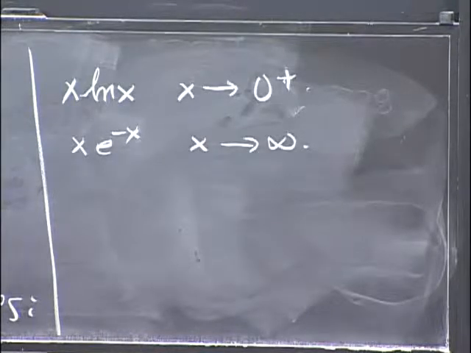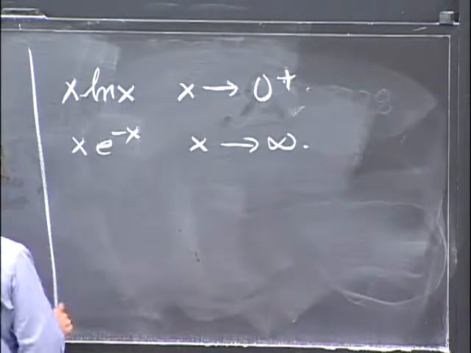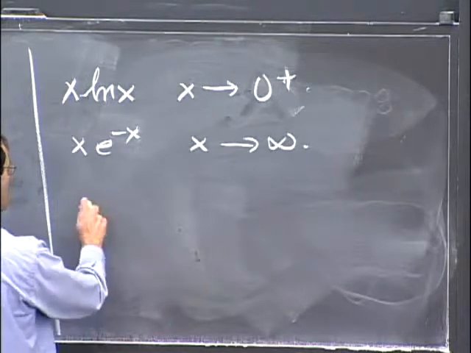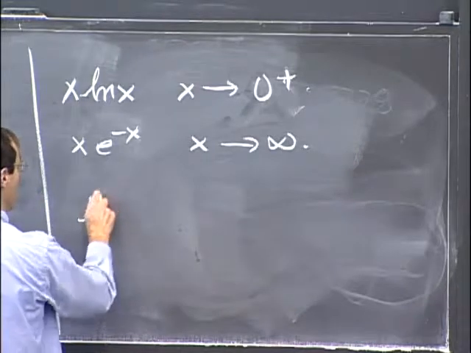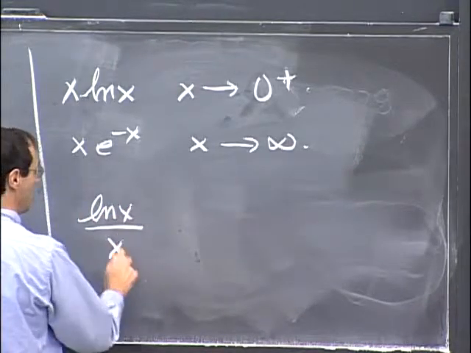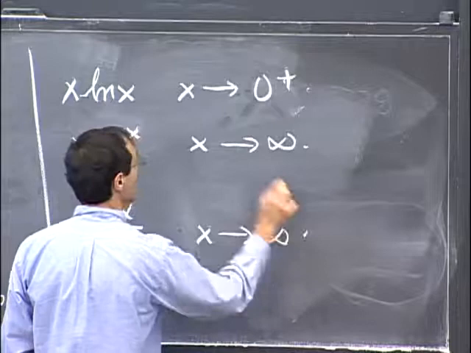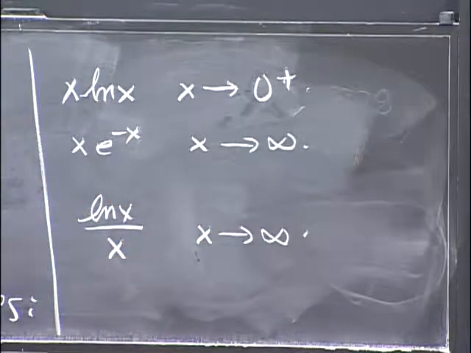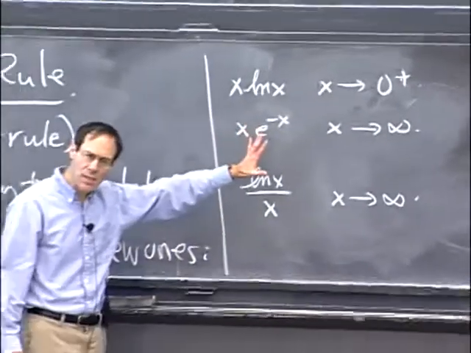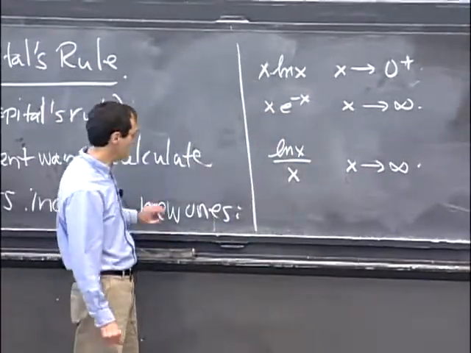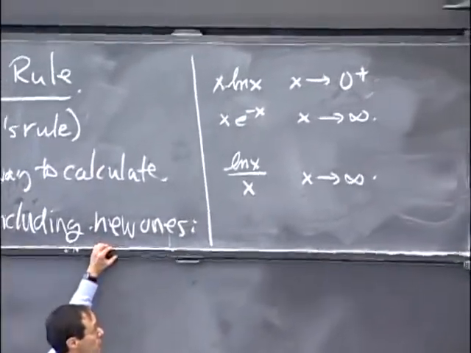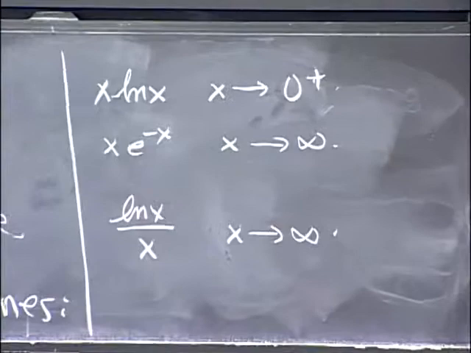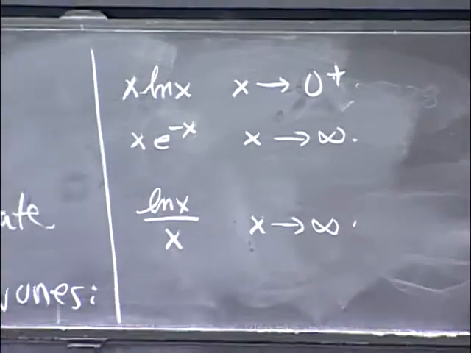And maybe I should include a few others, maybe something like log x over x as x goes to infinity. So these are some examples of things which, if you plug into your calculator, you can see what's happening with these, but if you want to understand them systematically, it's much better to have this tool of L'Hopital's rule. And certainly there isn't a proof just based on a calculation in a calculator.